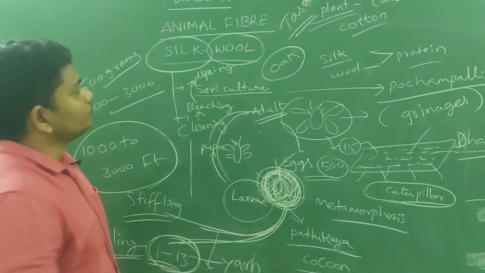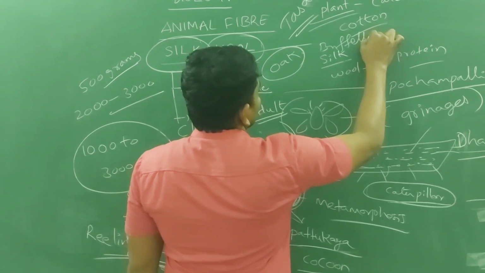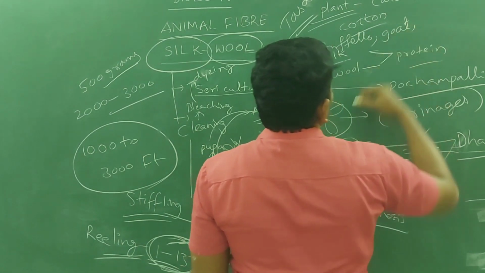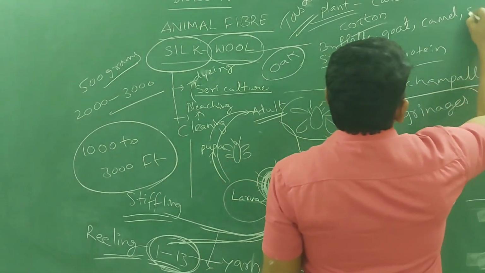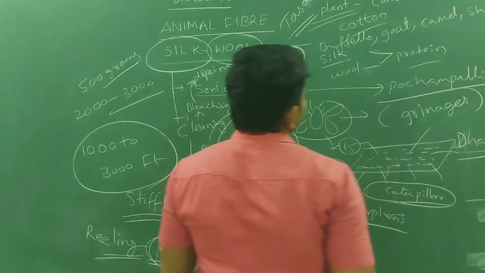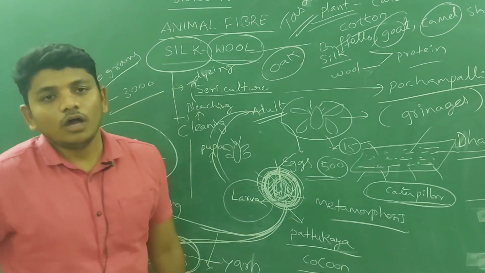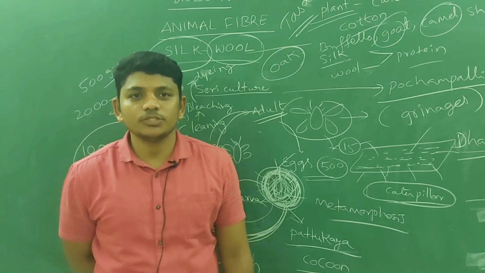Wool is coming from some buffaloes and goats and also camel and sheep also. Let us discuss about goat and camel. Do you know Angora goat? Angora goat is most famous in Kashmir.